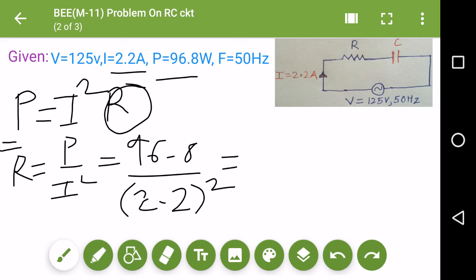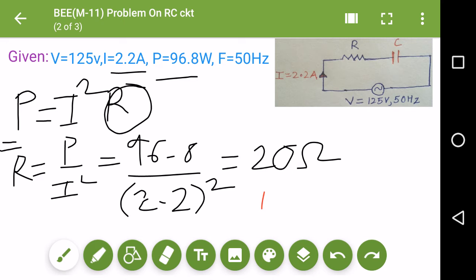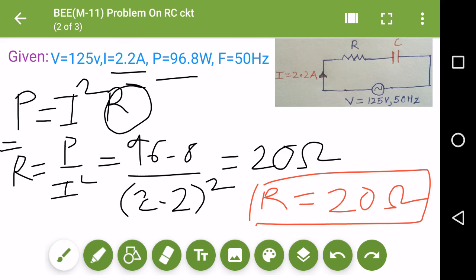By solving this, you will get the value of R, that is 20 ohms. So R equals 20 ohm, and it is found by using the formula of power.